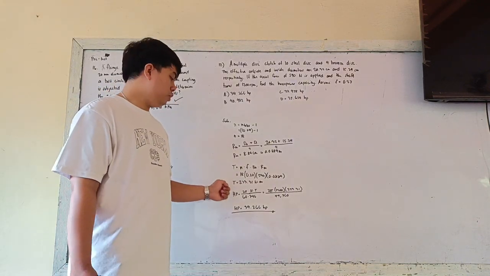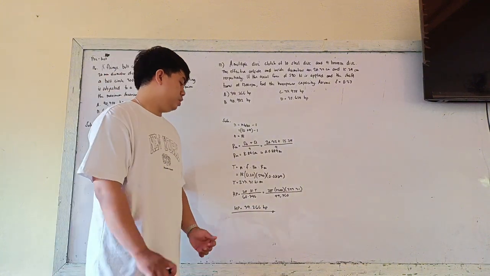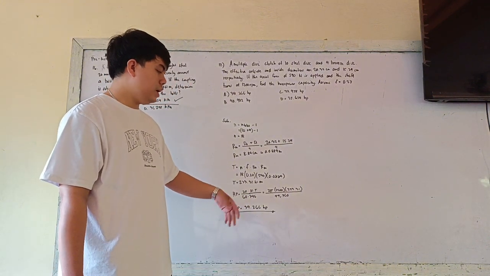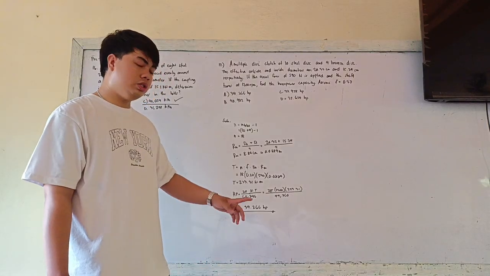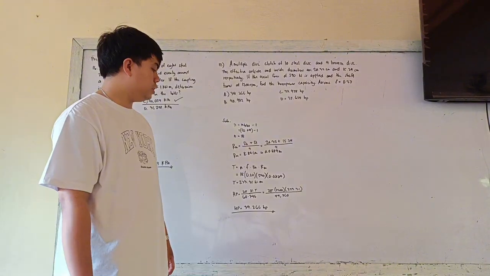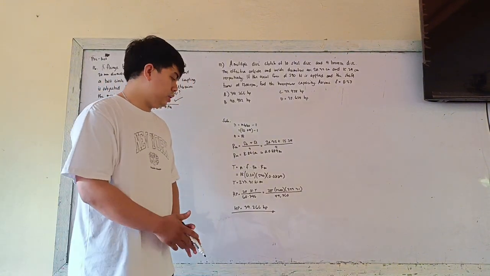Since we have the T, we can also solve for HP. Our HP formula is equal to 2 pi times the N, or the rotation speed, times the T, divided by 60 times 746.